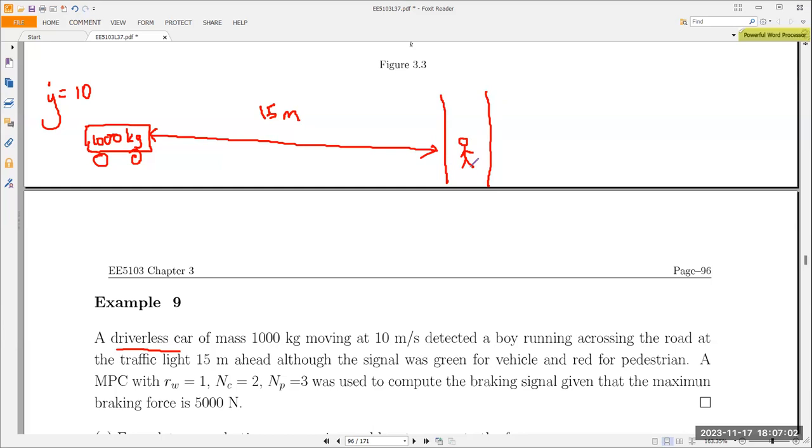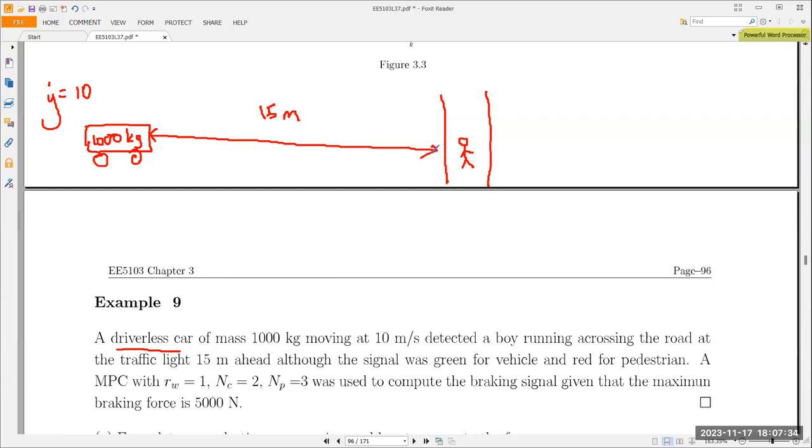Since it's 15 meters away, the MPC provides a braking force. Obviously, you need to brake and stop within 15 meters. You cannot cross 15 meters. If not, you will knock down the naughty boy. So that is the question.